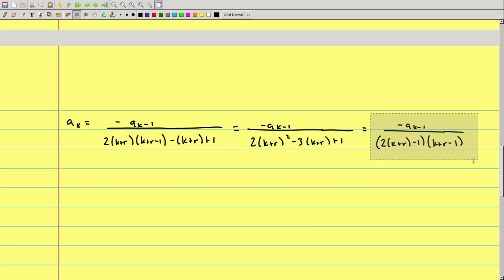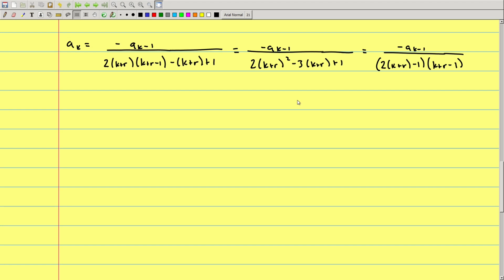Now, with this more condensed expression for the recurrence relation, the next step in the process is that we need to pick a value for r.